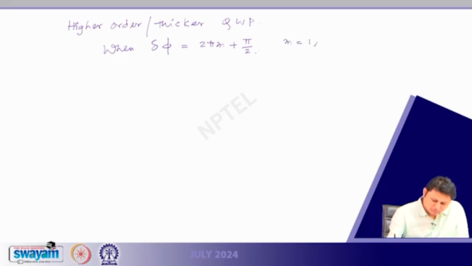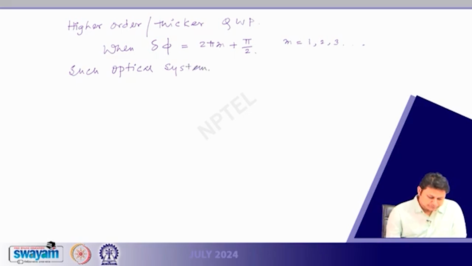M can be 1, 2, 3, etc. And such an optical system is in general called, as we discussed in our early classes, a phase retarder.